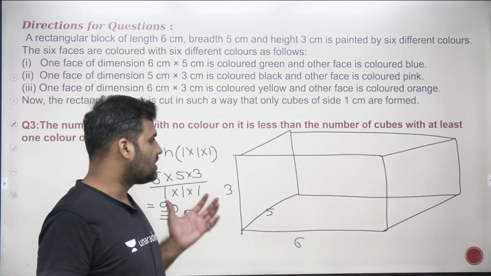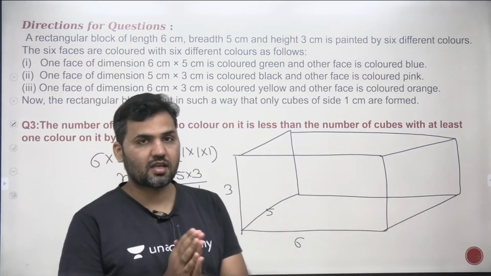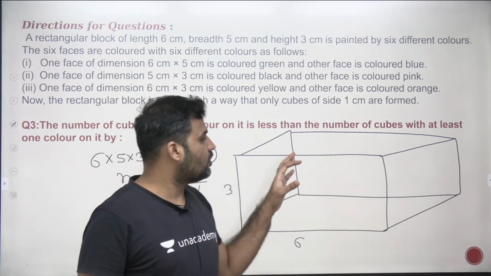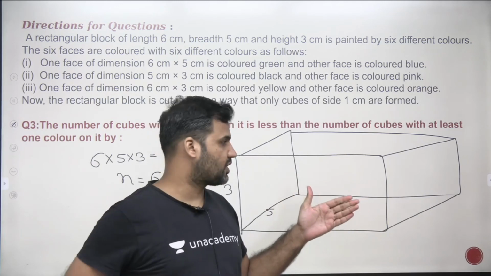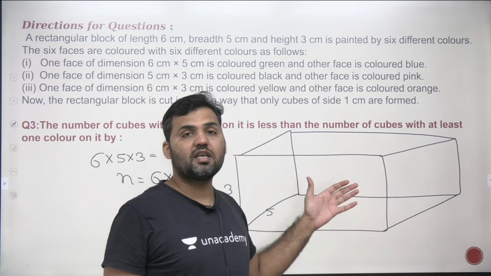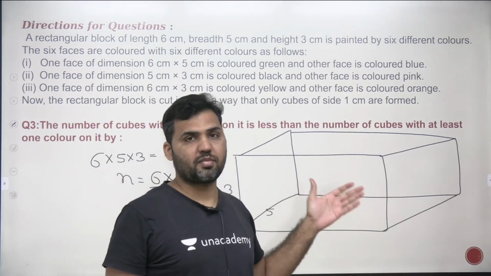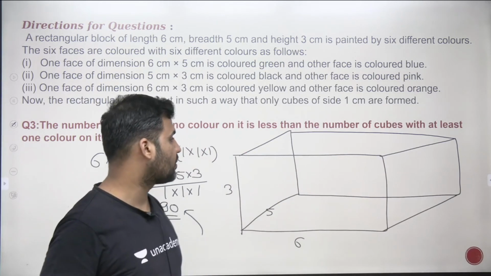Now out of these 90 cubes, how many cubes will have no color on them? See that any cube which has a surface exposed to the outside will definitely have one face painted on it, for sure, right?